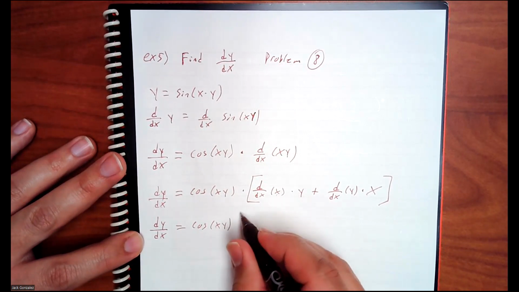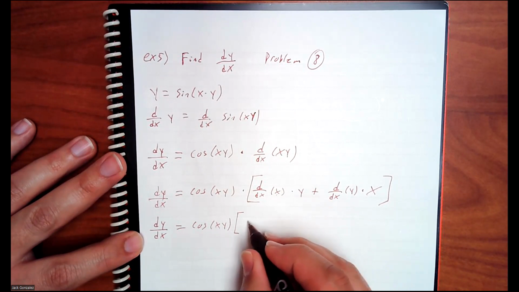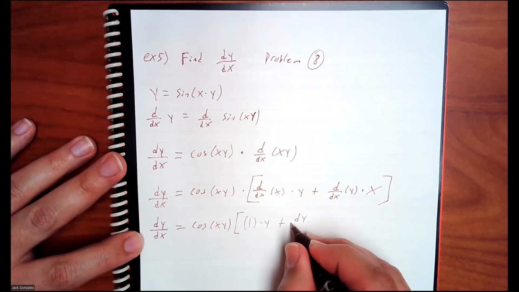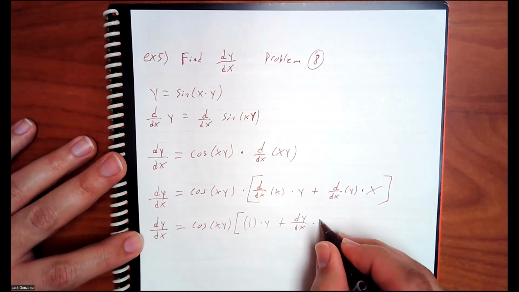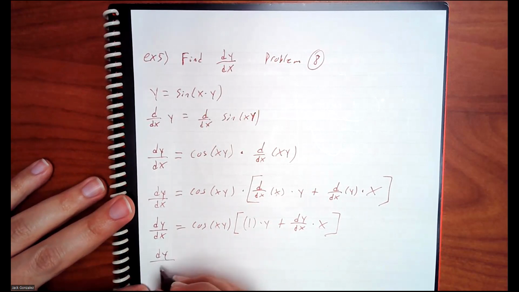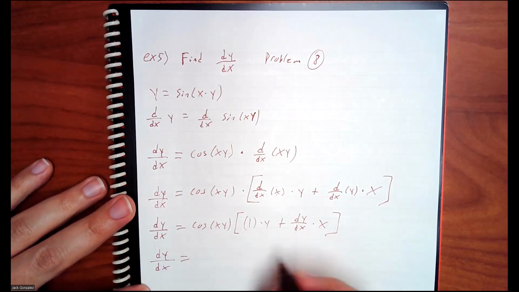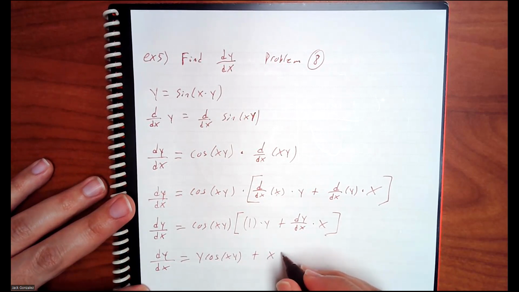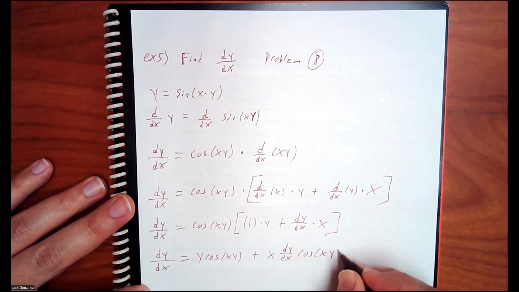So derivative of x will be 1 times the y plus derivative of y will be dy/dx times x. Multiply the cosine in on the next step. So cosine times that guy would be y cosine xy plus cosine times that thing would be x dy/dx cosine xy.